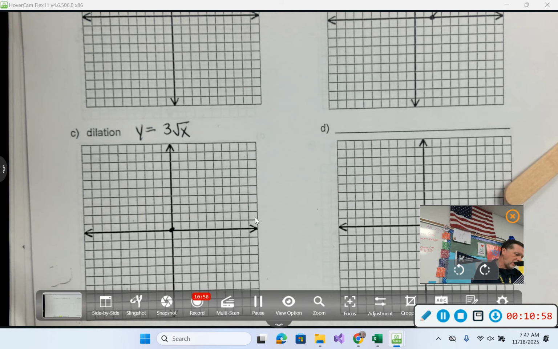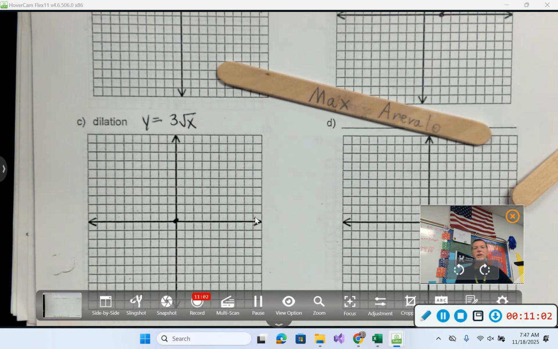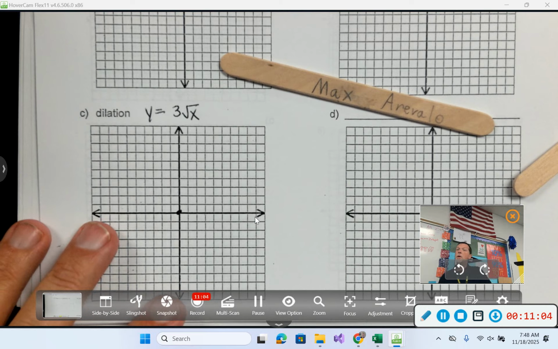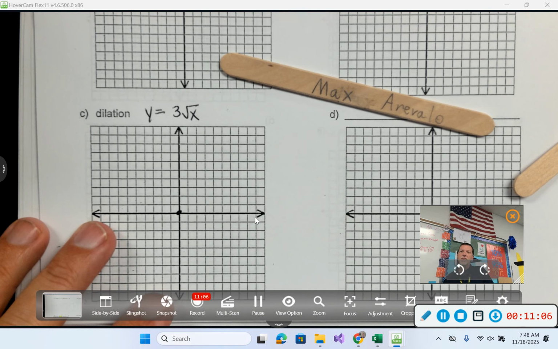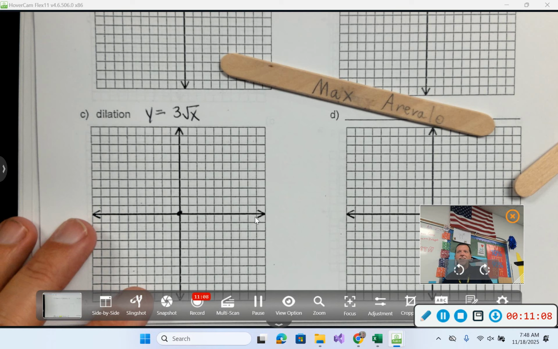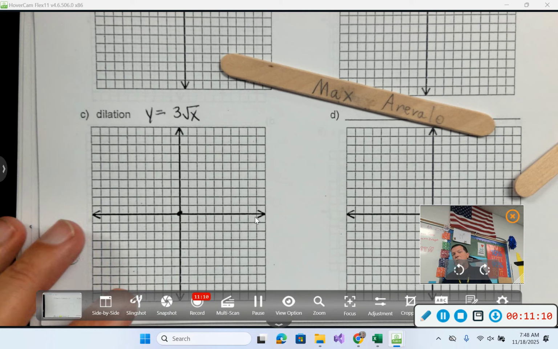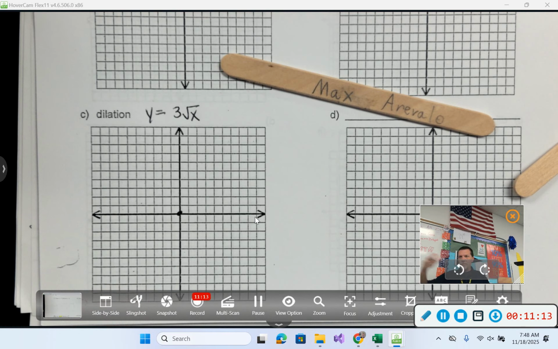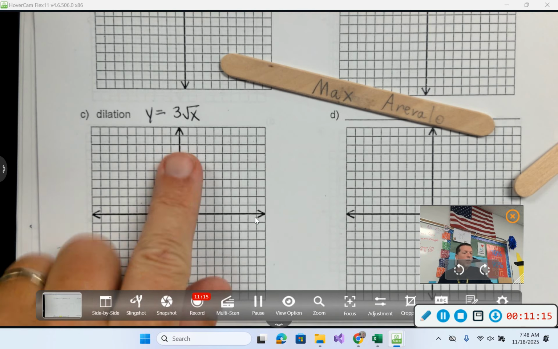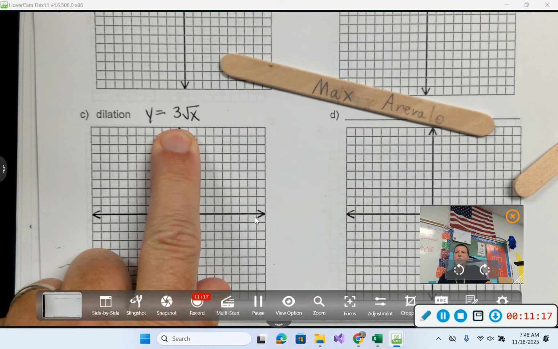But I have changed something. So Max, what's that 3 going to do? Multiply what? I mean, it is going to multiply. If we multiply both numbers, it would stretch it both directions. Which way is that 3 going to stretch things? We should ask that first.